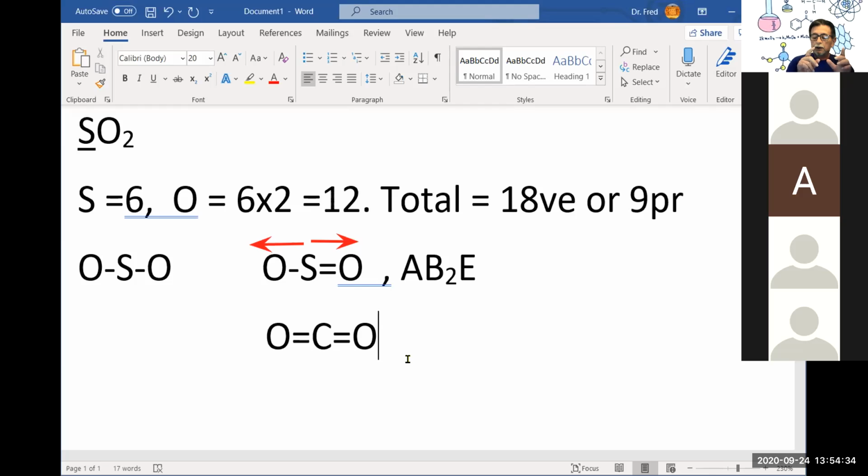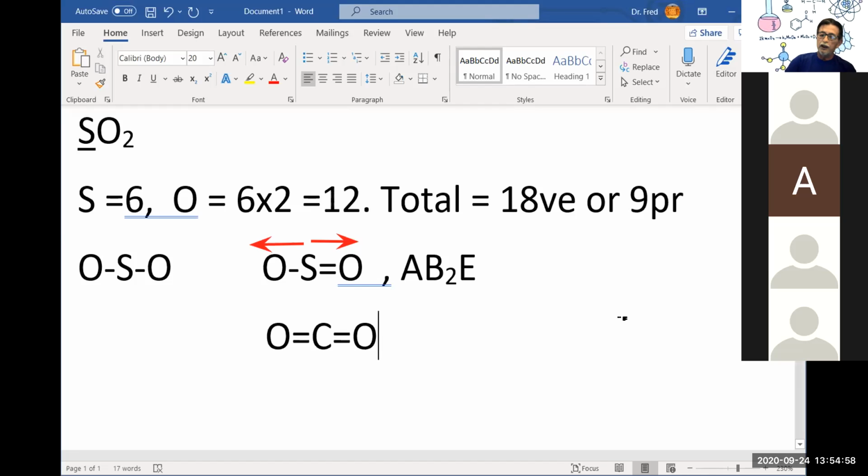Now, the question would be, is carbon dioxide polar? Well, what we do first is we look at the bond and determine whether the bond between carbon and oxygen is polar. The fact that they're 2 dissimilar atoms automatically says yes. Carbon and oxygen are dissimilar. There's a change in polarity.